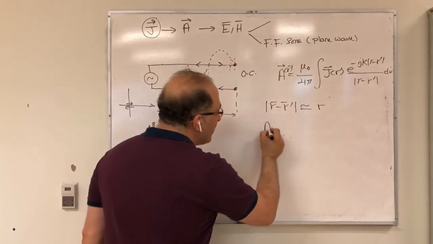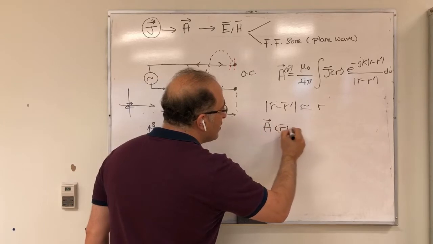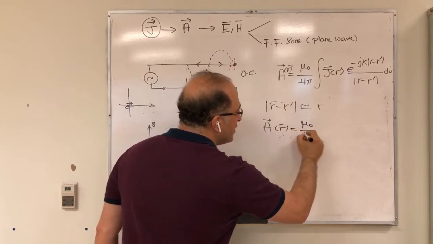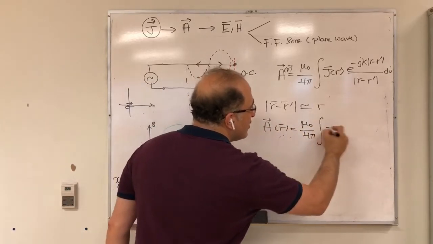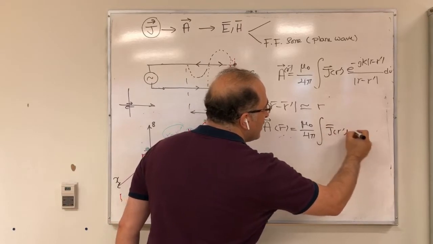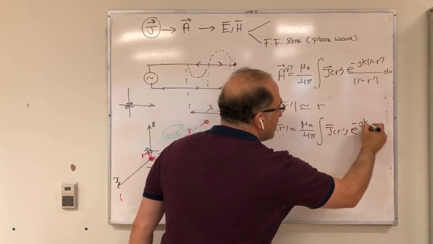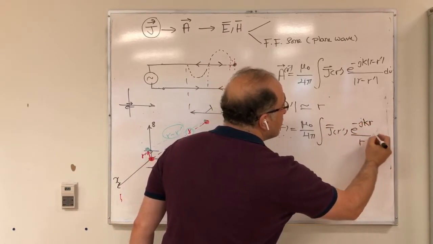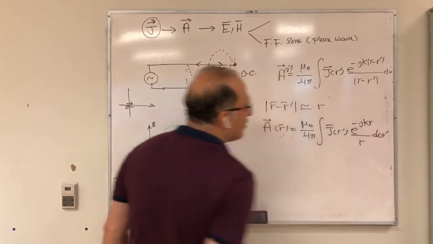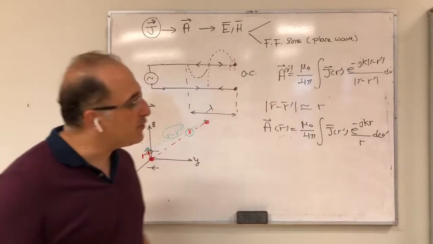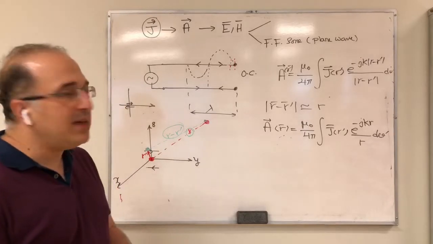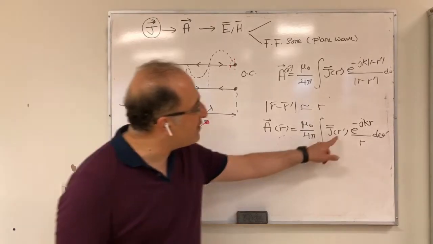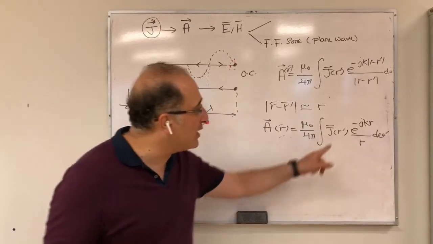Then what's going to happen if I do that? Then A becomes mu naught over 4 pi, integral of J of r prime e to the power of minus jkr divided by r, dv prime. And now this is amazing for me, because remember, integration is over the prime coordinate.